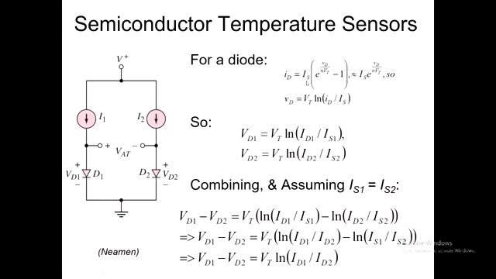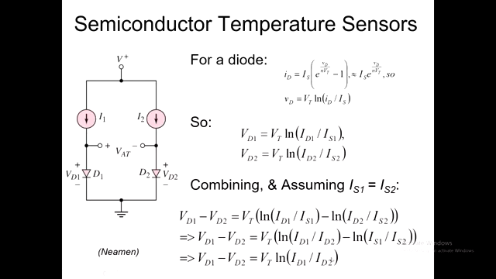And if that's the case, then we can cancel out the two IS values to end up with a zero term following here, and the voltage difference between these two points can be indicative of temperature via this volt equivalent of temperature, which is kT on Q, so we can infer T from that.